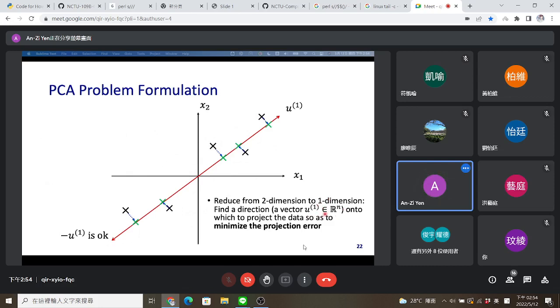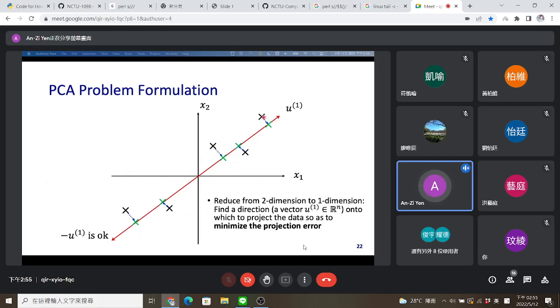So we are going to find the direction onto which to project the data so as to minimize the projection error. In this example, we are hoping that PCA will find this line, called u1, and in this case we will end up with a pretty small reconstruction error.